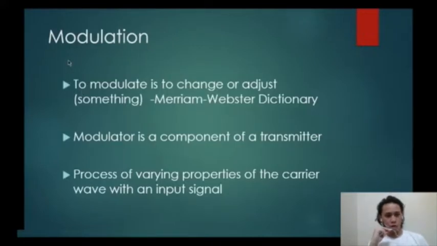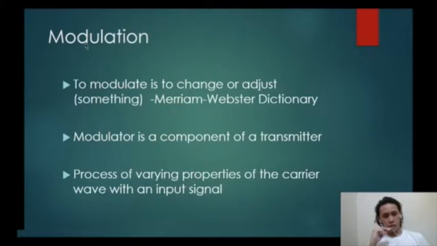So, modulation. According sa Merriam-Webster Dictionary, to modulate is to change or adjust something. Recall natin sa chapter 3 na ang modulator is a component siya ng transmitter. Modulation is the process of varying the properties of the carrier wave with an input signal.